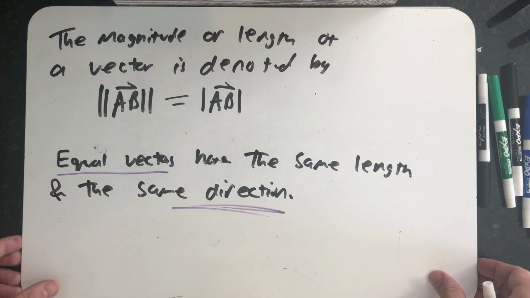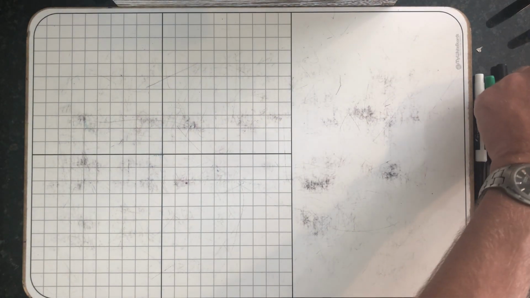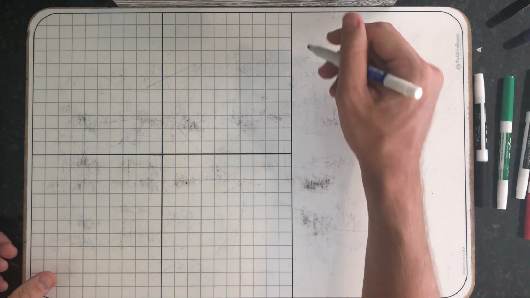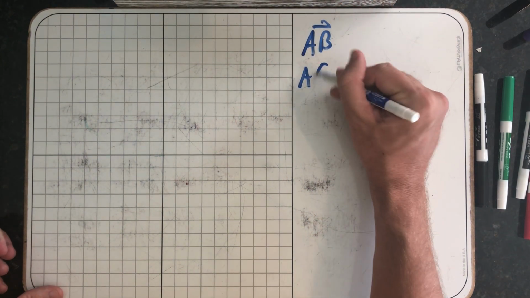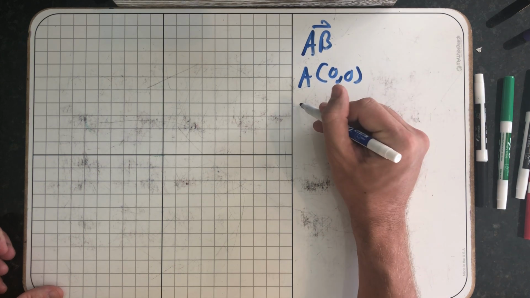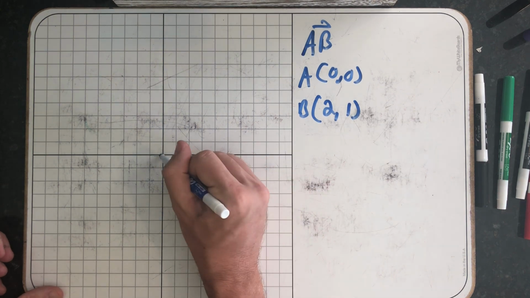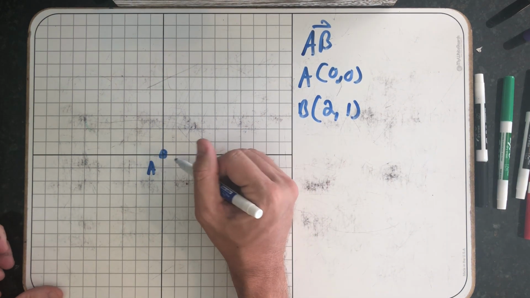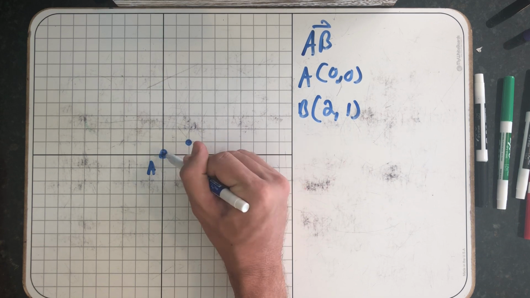So, let's imagine two vectors in the plane. The first vector I'm going to think about is the vector AB, where point A is the origin, and point B is the point 2, 1. So here's A, and then the vector AB points from this point to this point.